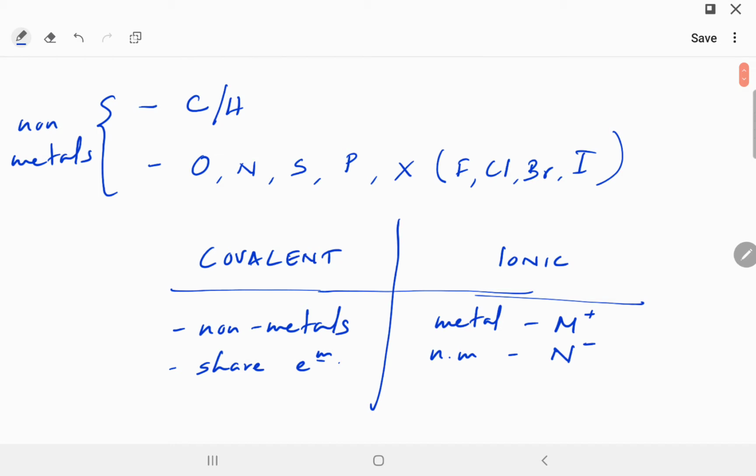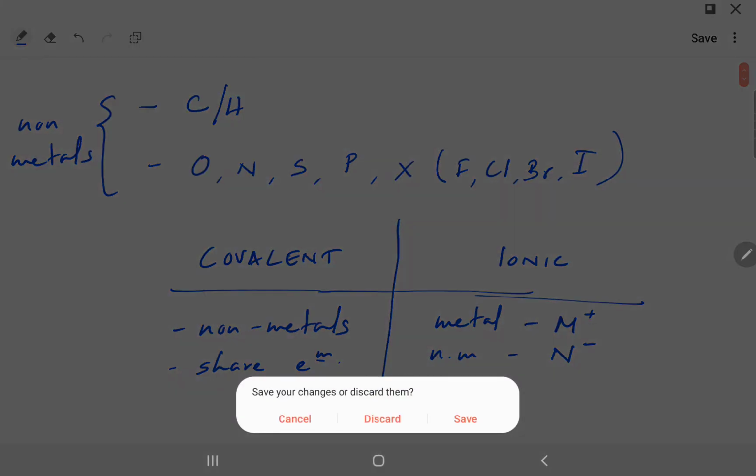So when it comes to organic compounds, we just learned that organic compounds are primarily made up of non-metal atoms. So organic compounds are supposed to have what type of bonds? They are supposed to have covalent bonds. Okay, so that is something that you should know by now.